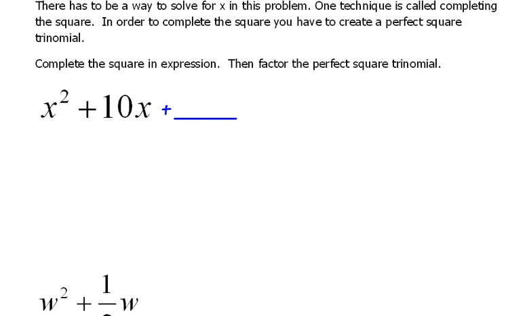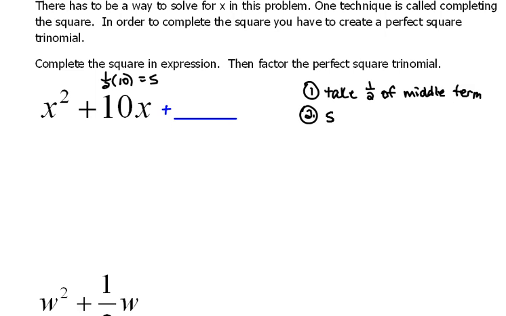Well, our procedures for that are pretty clear. The first step that we need to do is take half of the middle term. So in this problem that we're working with here, our middle term is going to be 10. So if we take 1/2 of 10, that would be 5. Next, we square it.